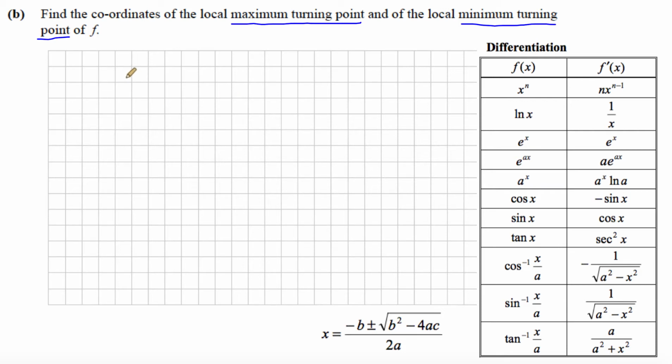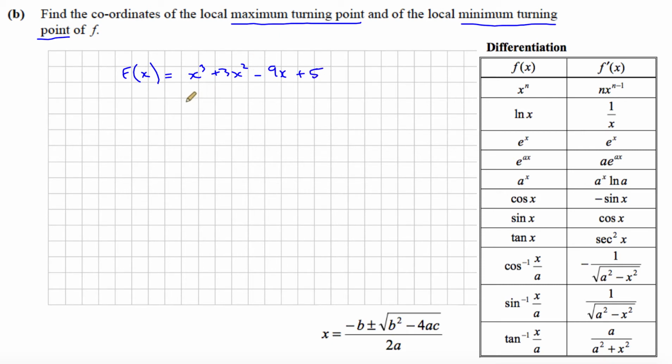So remember, the function f of x is equal to x cubed plus 3x squared minus 9x plus 5.